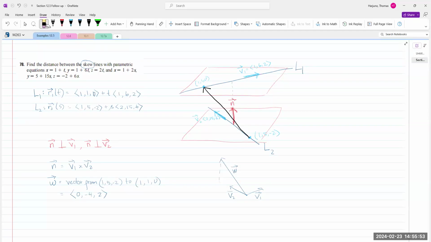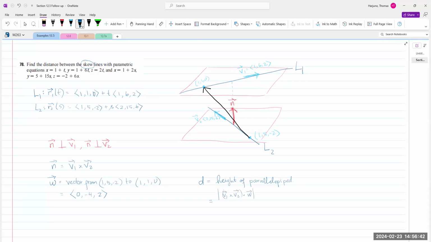The distance equals the height of the parallelepiped, which equals the absolute value of the triple scalar product, v1 cross v2 dot w.